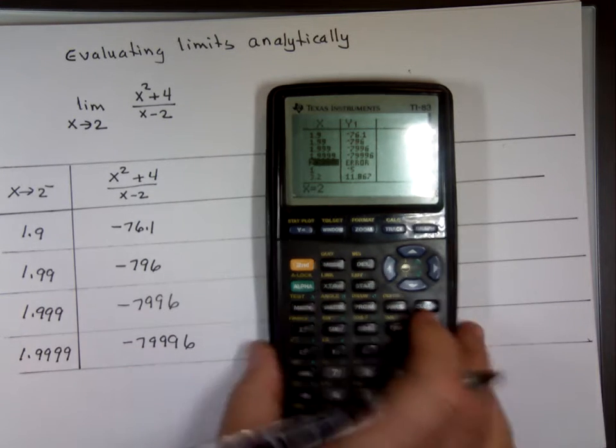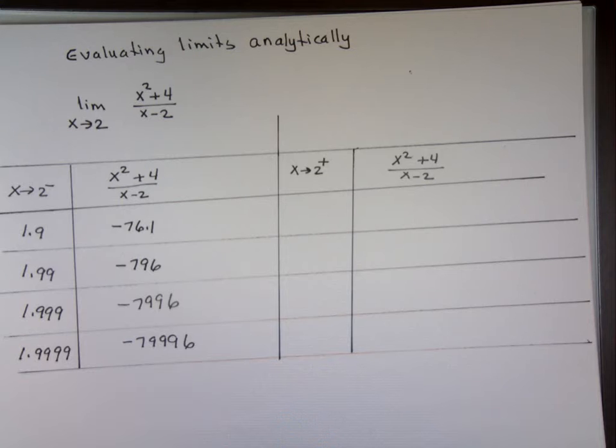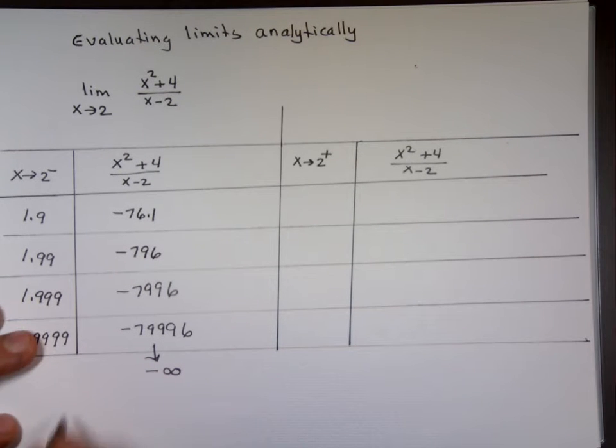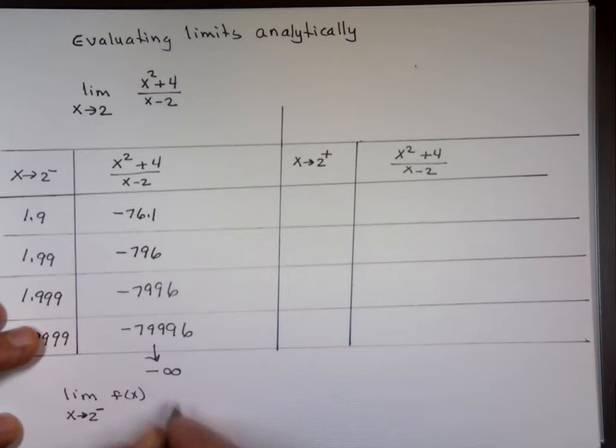You can see where that number is going to. What do you think that number is going toward? Negative infinity. So my limit as x approaches the 2 from the left side is equal to negative infinity.